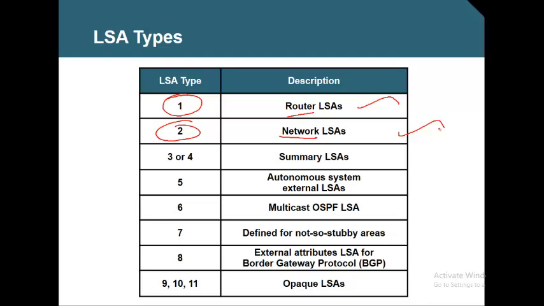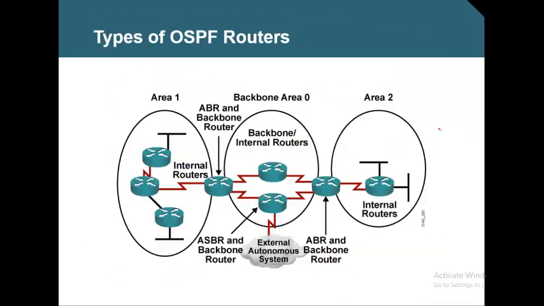Type 3 LSA is called as summary LSA. This is the LSA which is going to convert the type 2 and the type 1, which is collected here. Both type 1 and type 2 is collected here, and that is converted as type 3 and sent to other area.